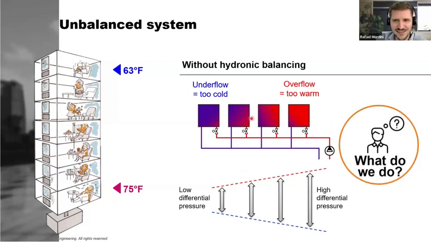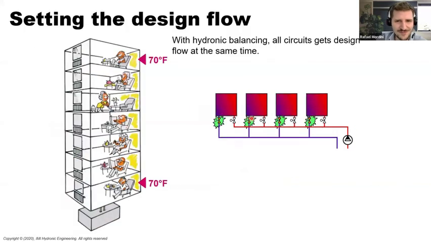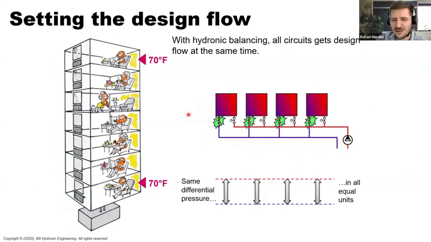So how do we fix that? What can we do? Well, the easiest solution, which was created back in the 50s, was balancing valves. The balancing valves can fix that. How? Well, the balancing valve will give the same differential pressure to all terminal units.